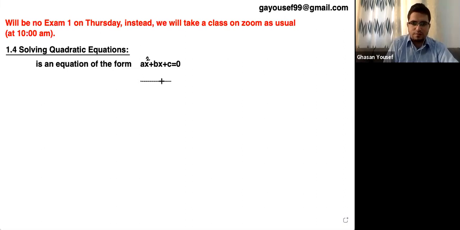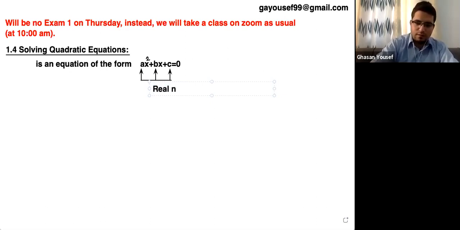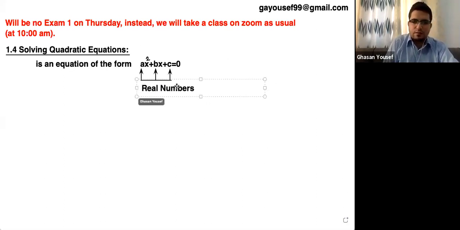So here a and b and this c are real numbers. But also we have to know that a is not equal to 0.